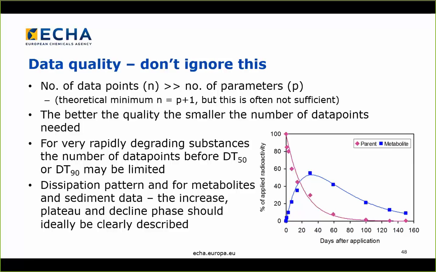From a practical point of view, in the past, I've had data where the DT50 was less than 1 day, but I only had day 0 values and day 1 values. So you couldn't really tell where in that 1 day the DT50 would lie.